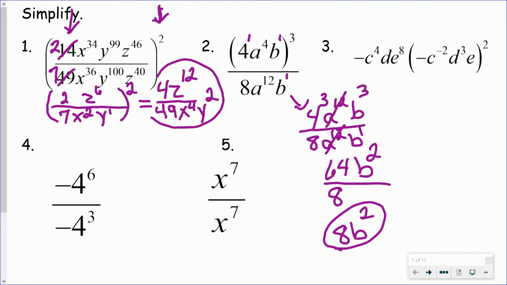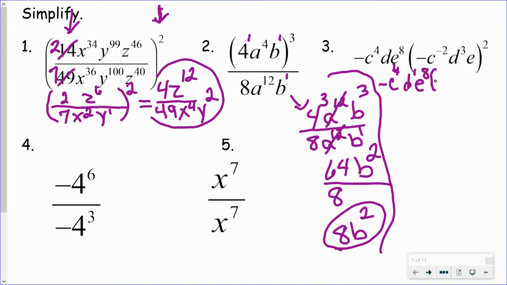Okay, now for number 3, this becomes a little long, okay? These would be good warm-ups for you to try. So I'm just going to write, this first part stays. So we have negative c to the 4th, that's a 4, d to the 1st, e to the 8th.